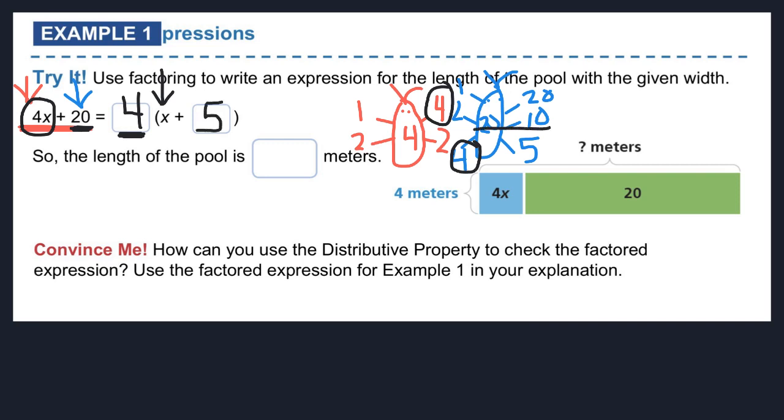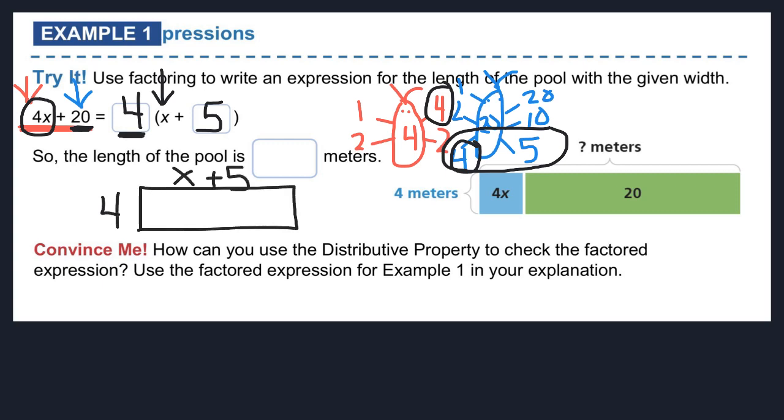It's right here. They're paired up. If I've got the 4, I also need the 5. So what's going to happen is that we have a pool that is 4 by x plus 5. Oh, I guess I was supposed to put that in here, x plus 5.